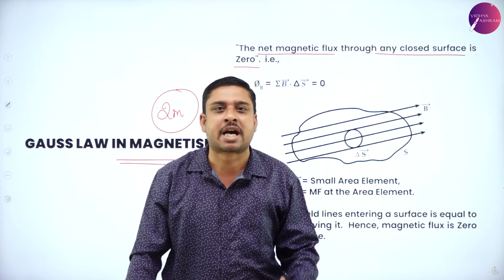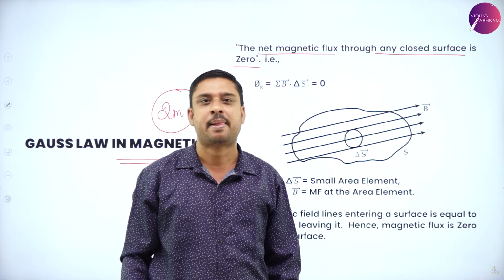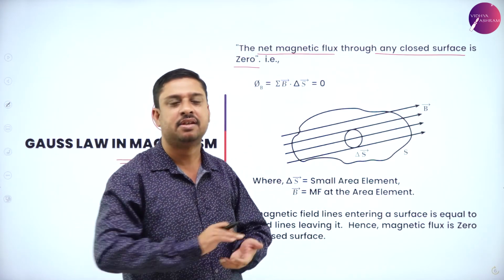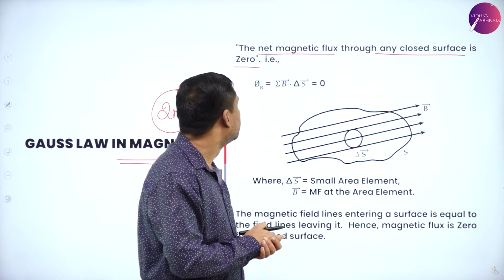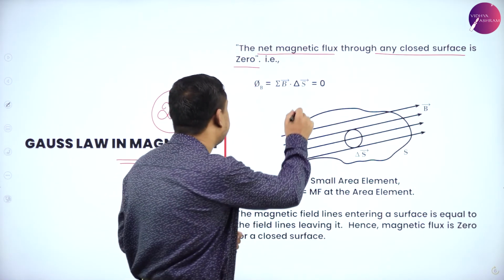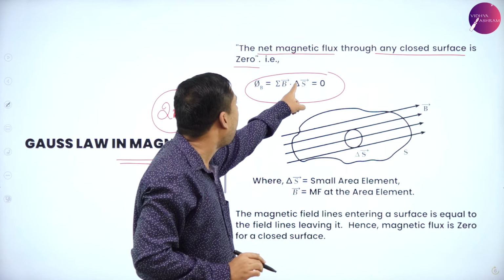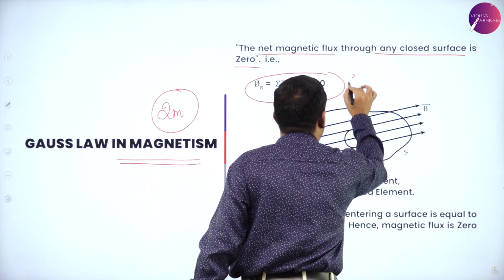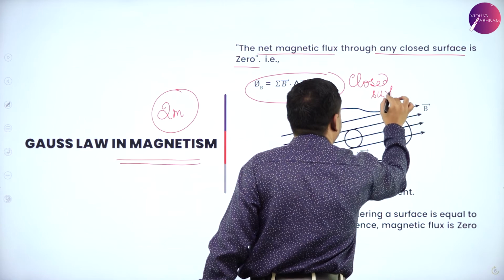If you consider a closed surface, the net magnetic flux across that closed surface should be zero. That is, B dot delta S summed is always equal to zero across a closed surface.